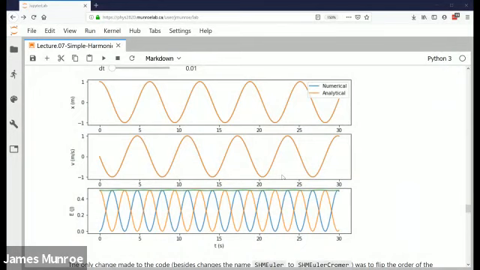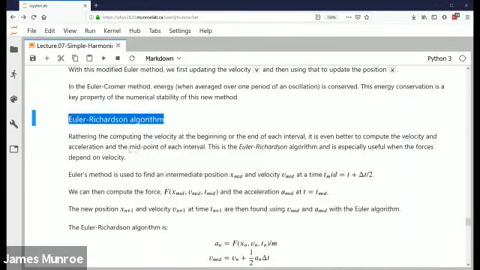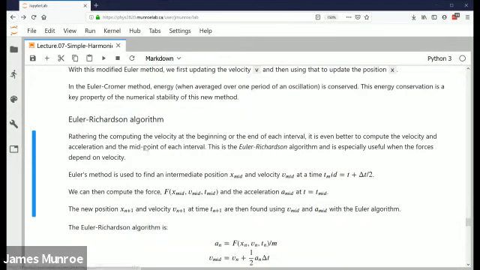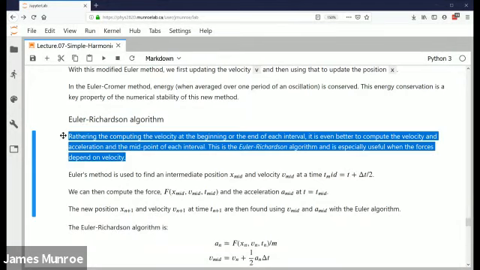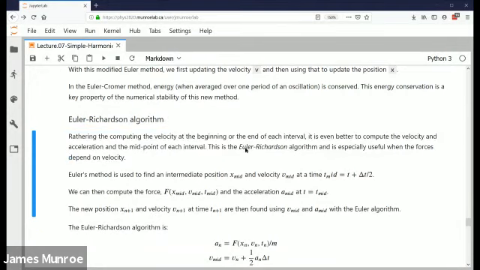Okay, what do I want to do? I want to investigate something called the Euler-Richardson algorithm. This algorithm doesn't depend upon the velocity at the beginning of the interval or the end. It computes the velocity and the acceleration at the midpoint. This algorithm, called Euler-Richardson, is really useful when the force is dependent on velocity, like it would be in a drag force, but it's useful for other problems as well.